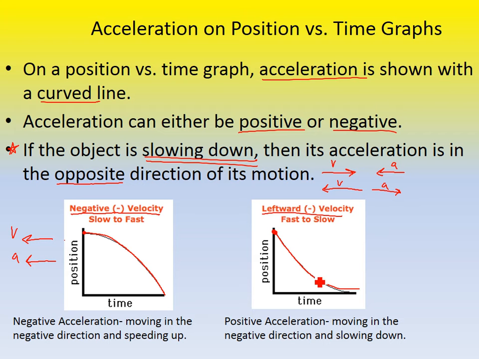As time goes on, what happens to your velocity? It's going closer to zero, right? It's slowing down. So we're going left in this situation, but if we slow down, what way would our acceleration vector point? Right. To the right. And so that's positive acceleration with a leftward velocity, or negative velocity. It's a little tricky there. We just got to kind of think about it.